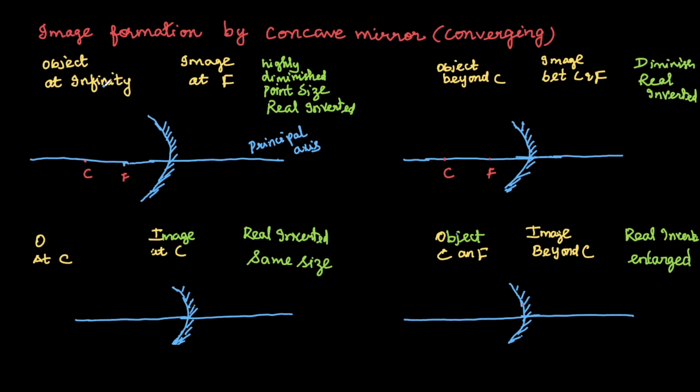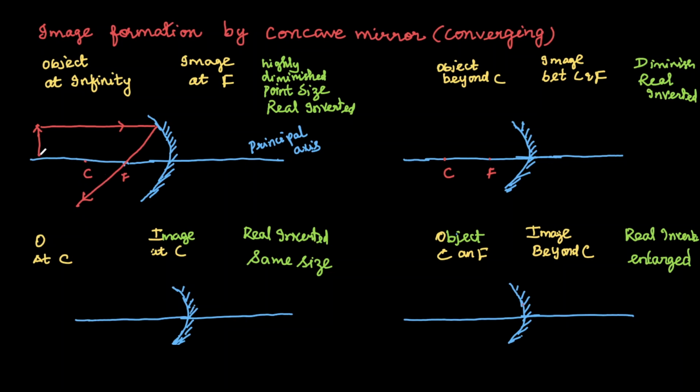So the object is at infinity. I am drawing an object at infinity. The light rays parallel to the principal axis fall on the mirror, and after reflection, they will pass through the focus.